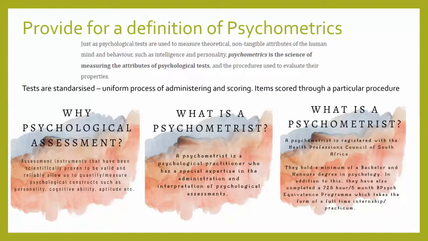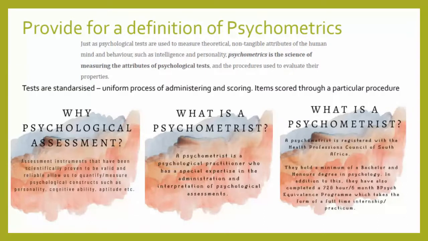Psychometrics is a science, and it's the science of measuring the attributes of psychological tests and the procedures used to evaluate their properties. So tests are standardized. Basically, if you have a personality test or an IQ test or the adult intelligence scale, they're standardized.